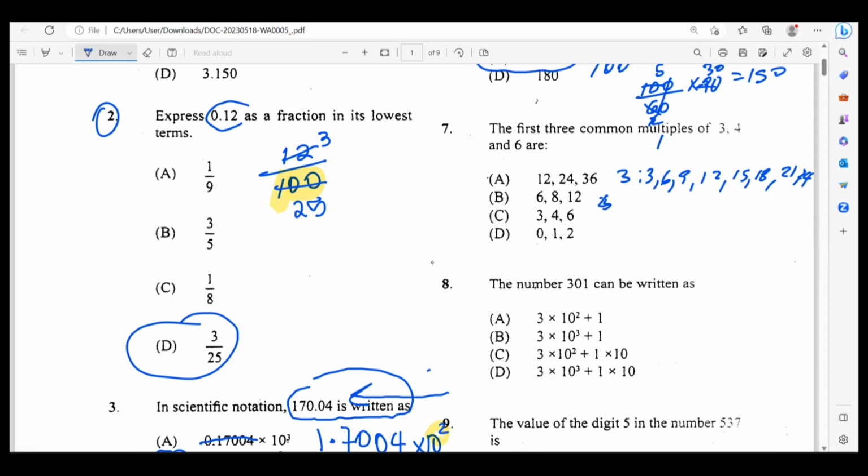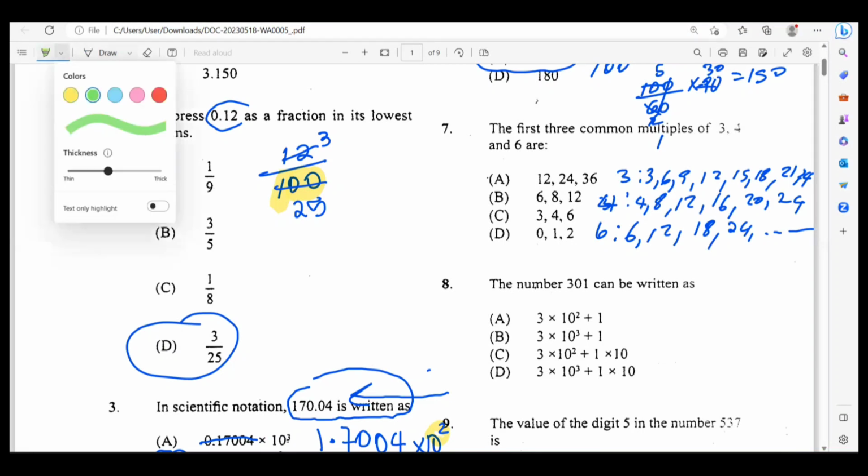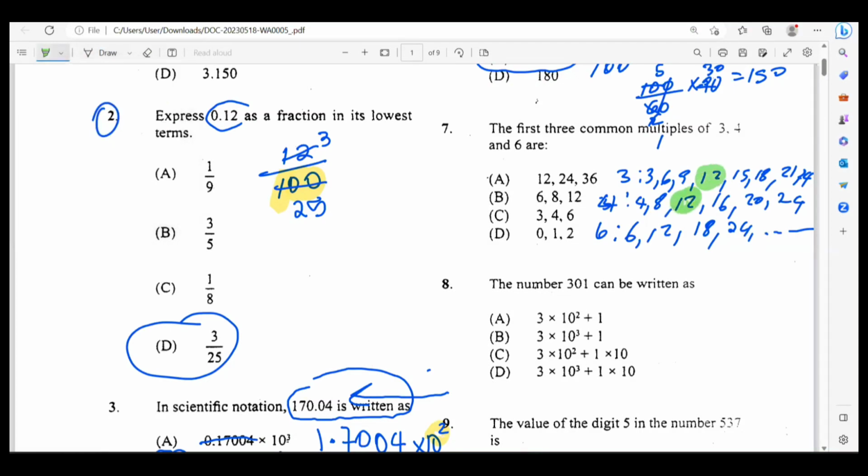Then 4, add 4, add 4, add 4. Then 6, add 6, add 6, add 6, and it goes on. So they want the first 3 common multiples. So you're looking for the smallest of them all. In this case, you're noticing 12, 12, 12, and you're seeing 24, 24, 24.